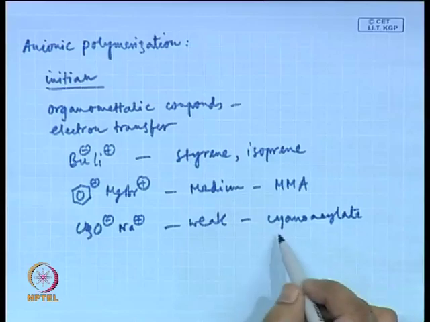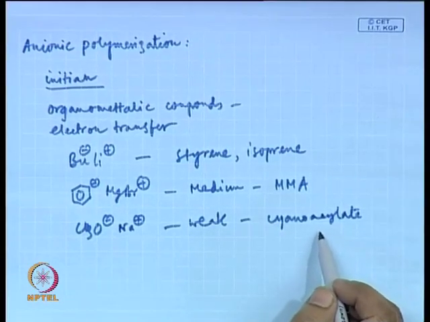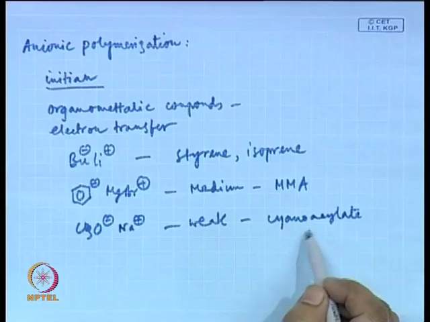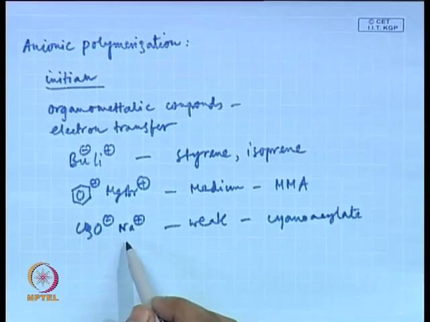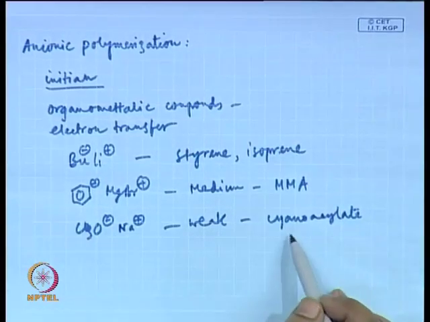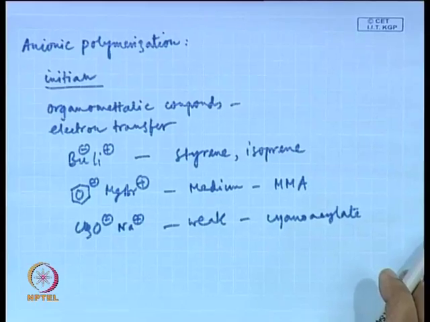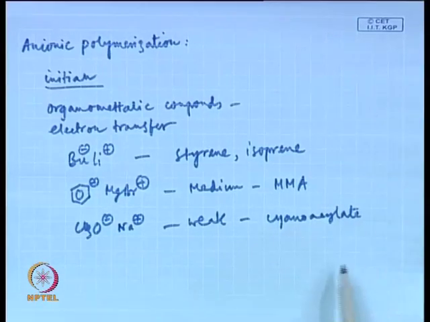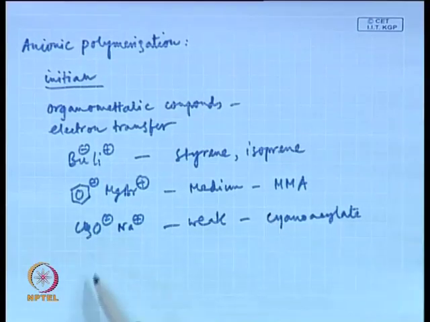The propagating anion from cyanoacrylate is highly stabilized. So, you can anionically polymerize these cyanoacrylate monomers with very weak nucleophiles. You can also polymerize with strong nucleophiles as well, but this type of monomer can be polymerized anionically by very weak nucleophiles.